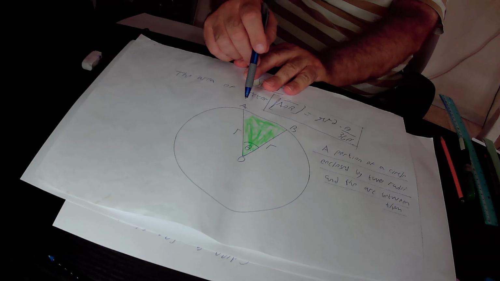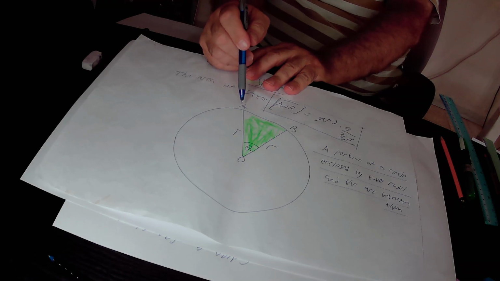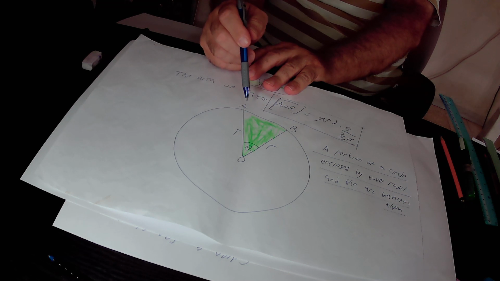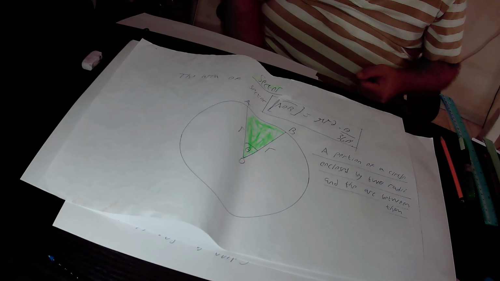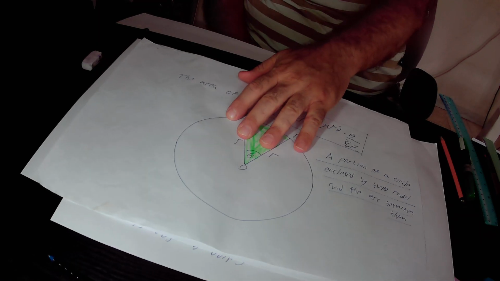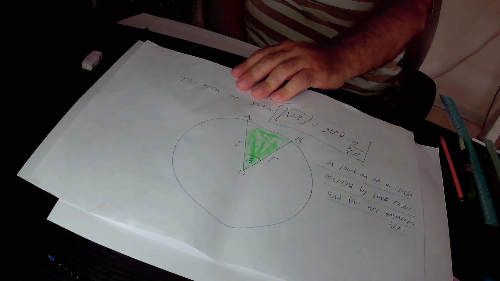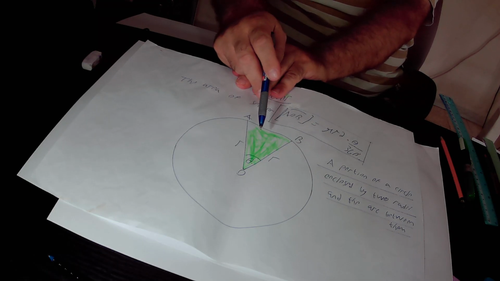It consists of the two radii of the circle, and the angle between the two radii is theta, and the arc between the two radii is the arc of sector AOB. So what is the area of this sector? The area of sector AOB is equal to the area of the circle, that is pi r squared, times theta over 360 degrees. Again, theta is the angle between the two radii of the sector, divided by 360 degrees.